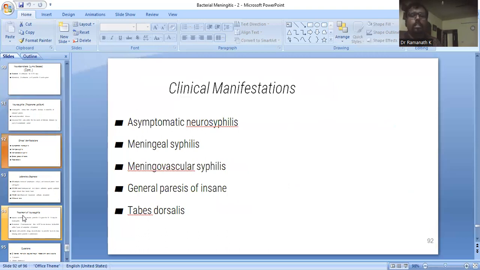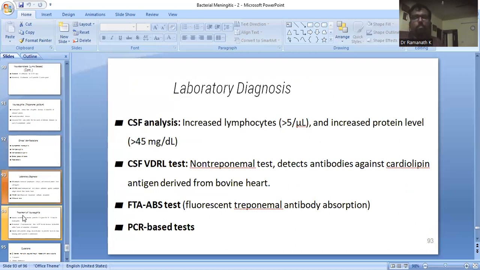So what are the clinical manifestations you can observe in neurosyphilis? Asymptomatic neurosyphilis, meningeal syphilis, meningovascular syphilis, general paralysis of the insane, and tabes dorsalis are the clinical manifestations. For the laboratory diagnosis, we have to do the CSF analysis, where again you can see increased lymphocytes and increased protein level because of the WBCs present.